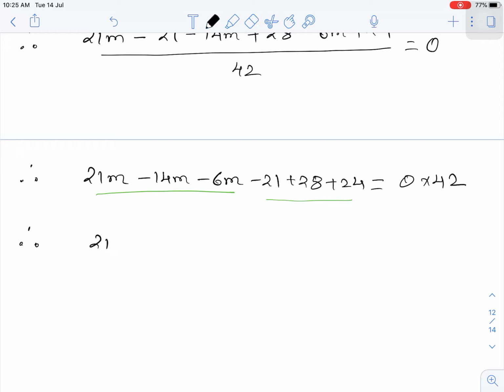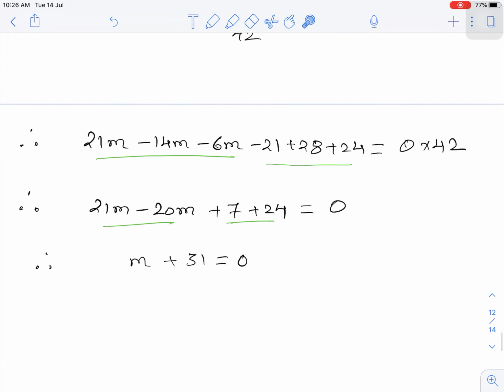So you will get it as 21m minus 20m, this if we are solving first, it will become plus 7, so you will get plus 7 plus 24 equals to 0 into 42 will become 0. So now we are going to solve this pair and this pair. So what you will get now, 21m minus 20m, that will be simply 1m. Now 7 plus 24, so it is 31 equals to 0.